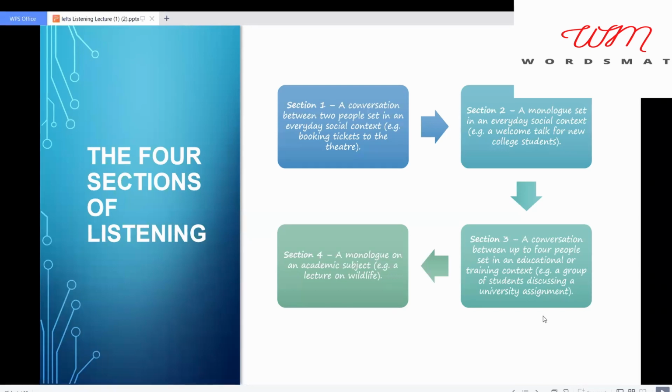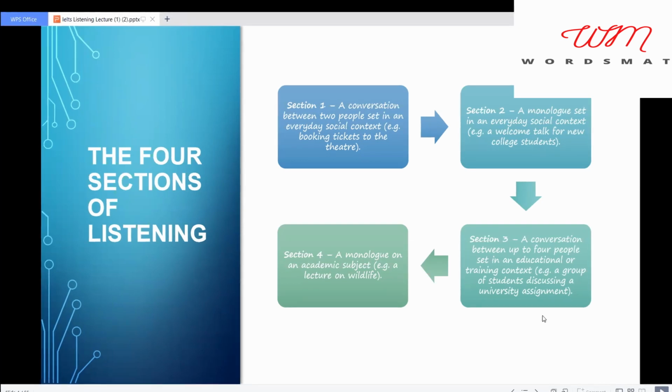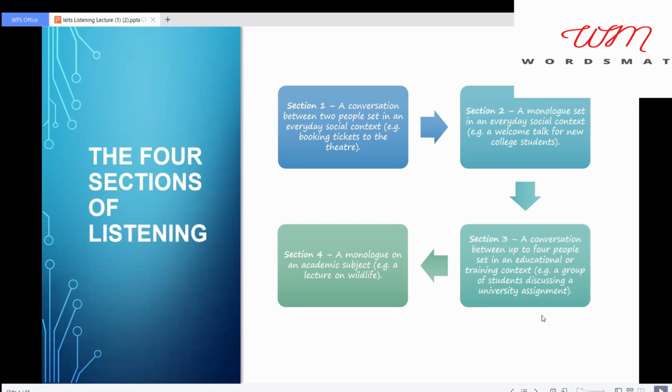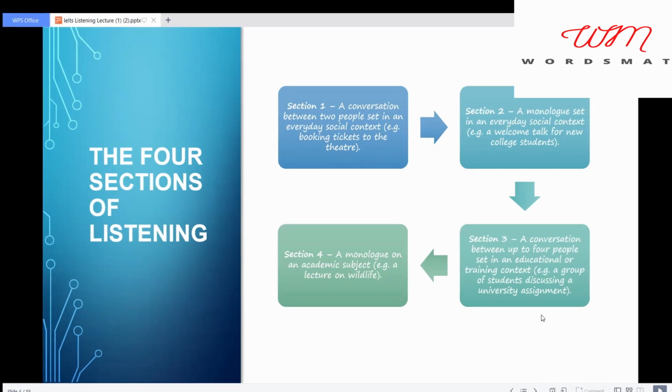Next, I'm going to share the sections of the listening test, that is, how many sections there are in the IELTS listening module. Well, there are a total of 4 sections. In section 1, you will hear a dialogue. It would be a conversation between two people set in an everyday social context, for example, booking tickets to the theater.